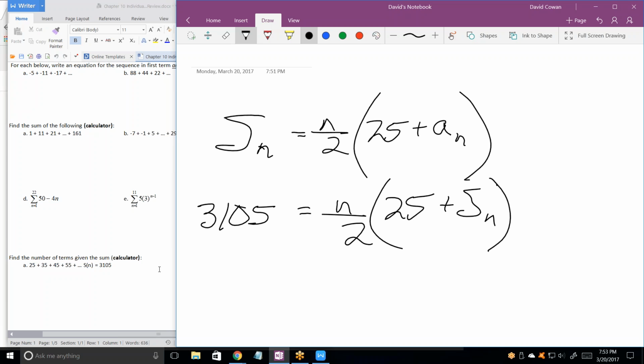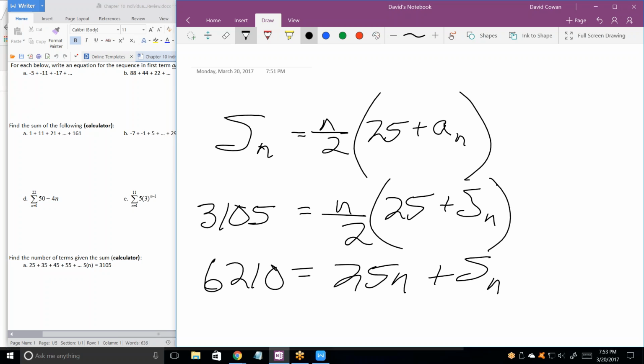Let's see, if we do the algebra here, what do we get? We get 6210 equals 25n plus s sub n times n. Now this is where I got a little confused in the first place. She doesn't really mean s sub n as in sum.